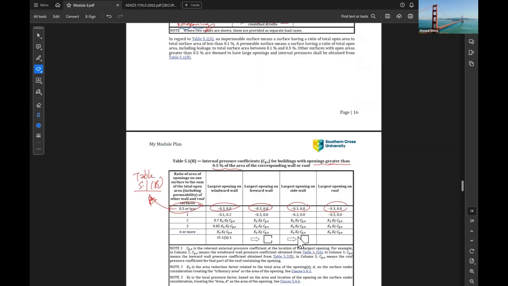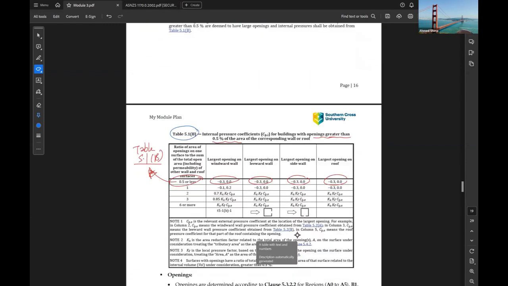Okay, here is the other table, table 5.1b, which is for internal pressure with openings greater than 0.5%. So if we have large openings or large vents, you have to follow table 5.1b.